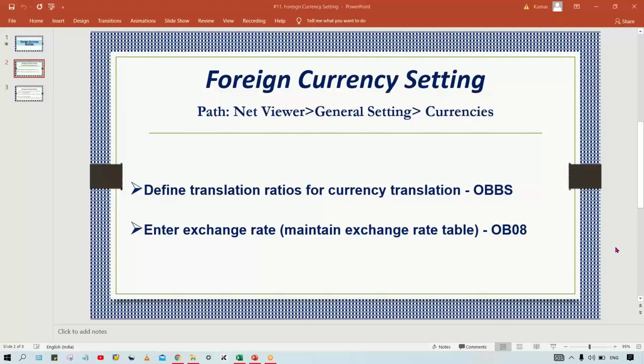So we need to define the translation ratio if we want to enter more than a 4-digit number. Okay, whatever you said is correct, but I think other people are not able to understand. But yes, I understood. Any other answer, guys? Who can simplify it? Anybody?